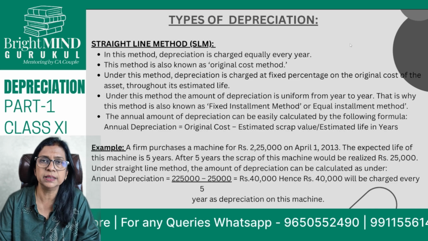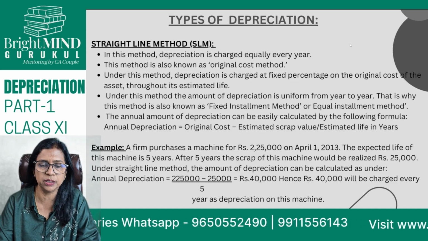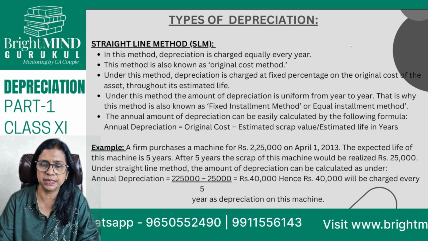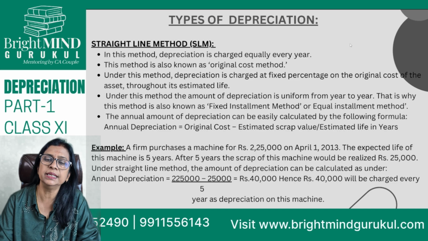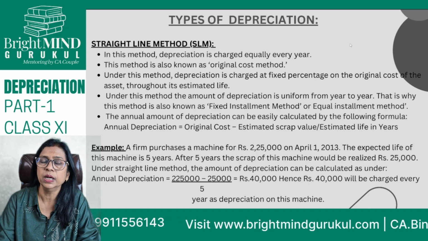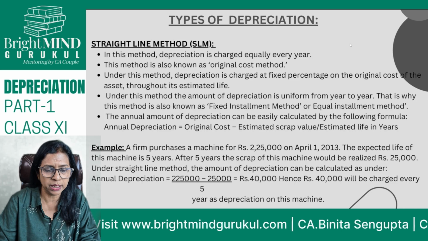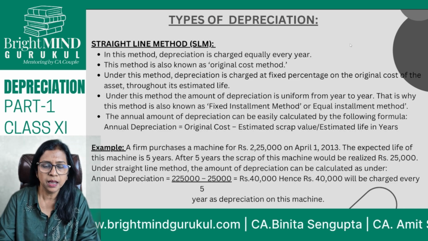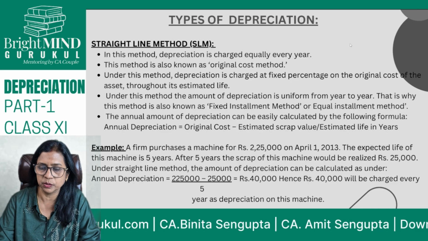That is, under this method, the depreciation is charged at a fixed percentage of the original cost throughout its estimated life. The formula will be the original cost minus the estimated scrap value divided by the estimated life in years. An example to explain this: a firm purchases a machinery for rupees 2,25,000.